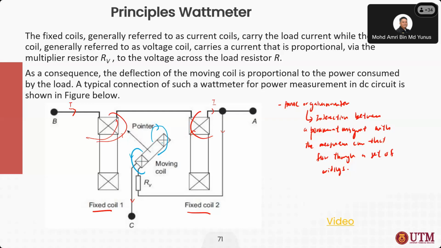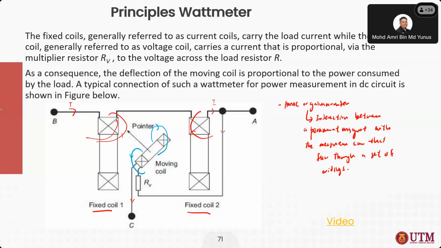So basically, the wattmeter is actually the coupling between the magnetic field generated by the moving coil with the fixed coils on both sides.